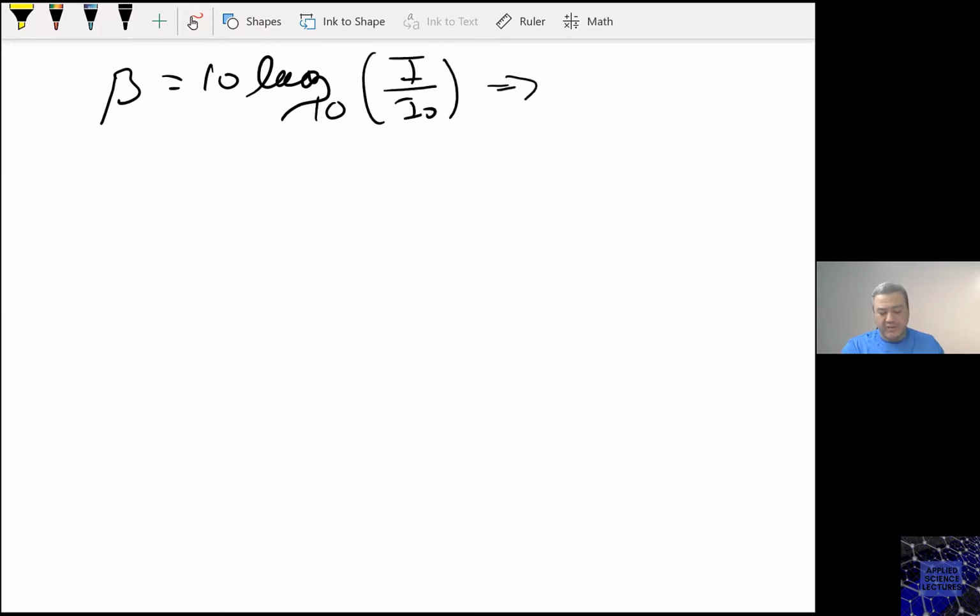I have beta to be 75, which means I over I naught is 10 to the power 7.5.